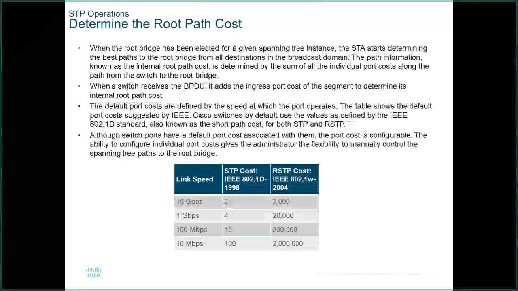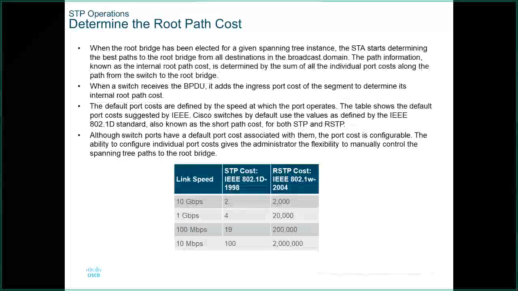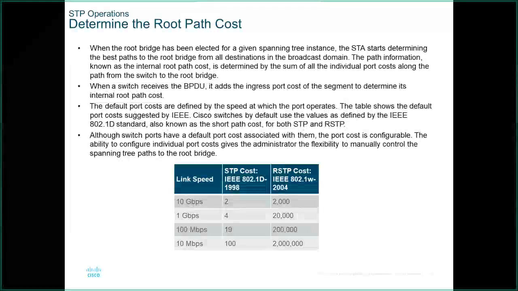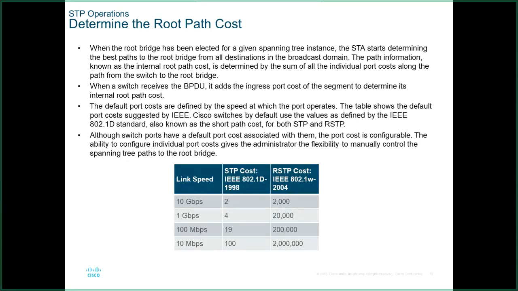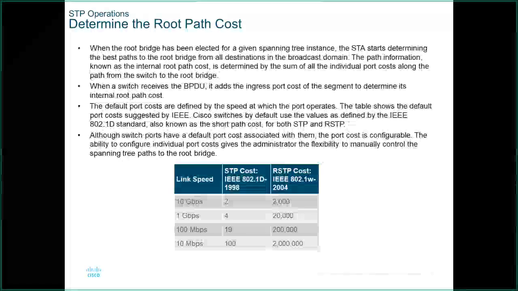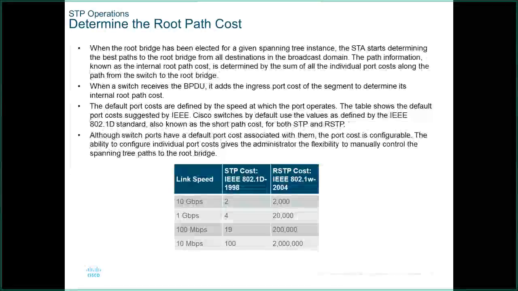So these are defined by IEEE, and they're a couple of different standards. So we've got standard spanning tree protocol, and we have rapid spanning tree protocol, and we've got some others that don't come up until we're doing an advanced routing switching course.